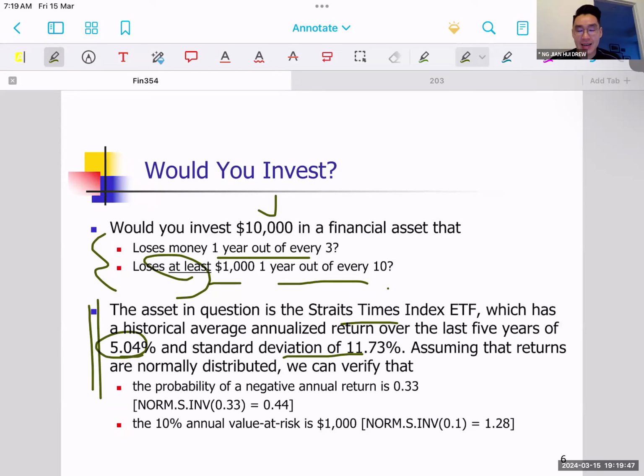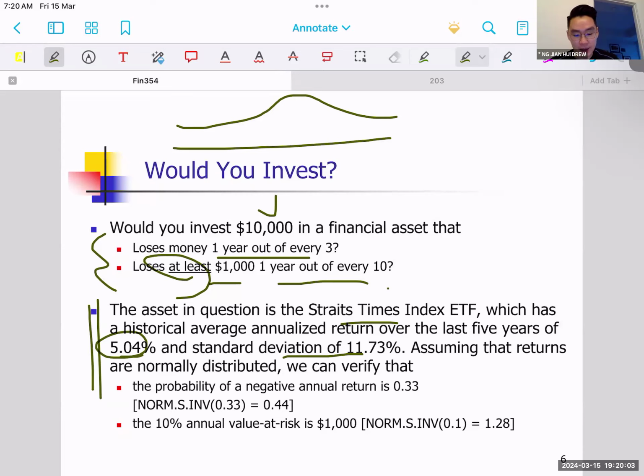So the idea is that if we want to use the concept of VAR, we would use the normal inverse. Basically, we want to determine, let me just draw the normal distribution because I think it's easier to understand from here.